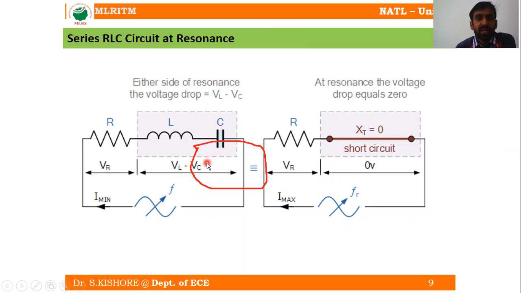But at resonance, the net reactance is zero, so the voltage drop is going to be equal to 0, because it acts as a short circuit. Then the reactance is equal to 0, and the voltage drop is equal to 0.